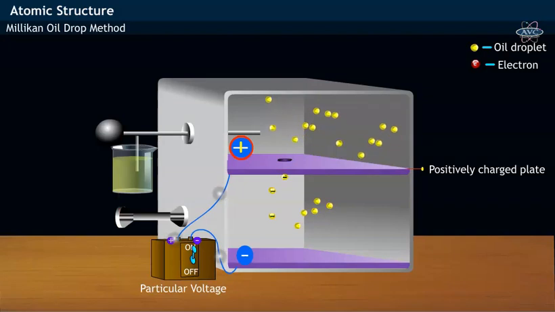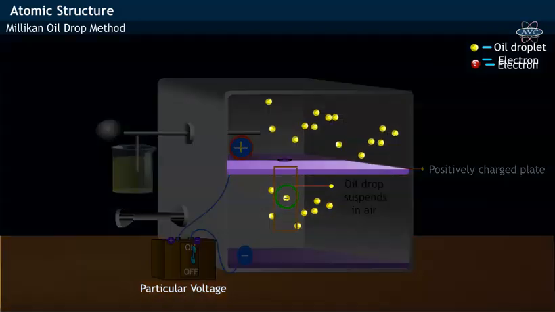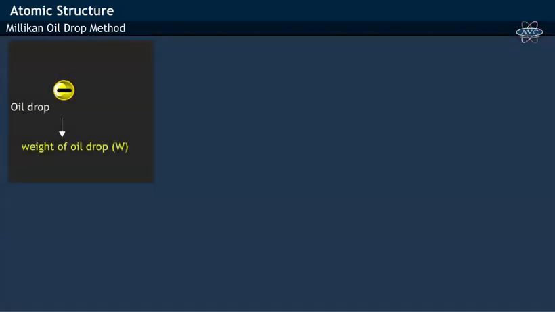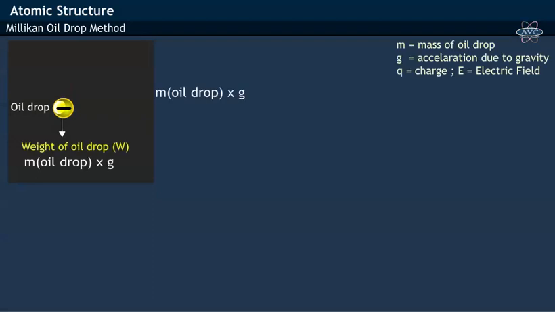At a particular voltage, the oil droplets suspend in air. At this point, the weight of the oil droplet, which is the product of mass and acceleration due to gravity, or mg, equals the electrical force acting on the oil droplet, which is nothing but the product of charge and electric field, or QE.